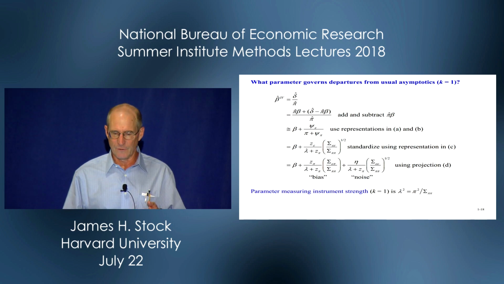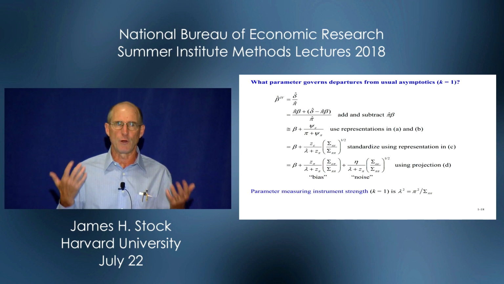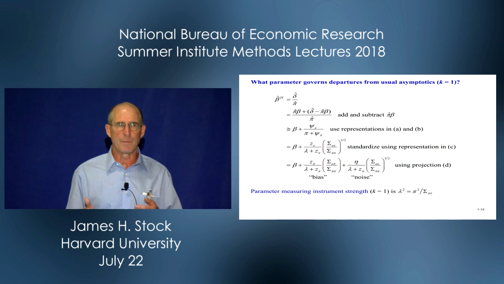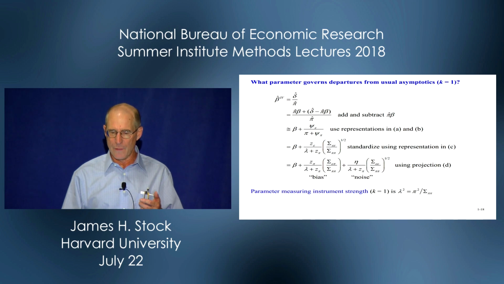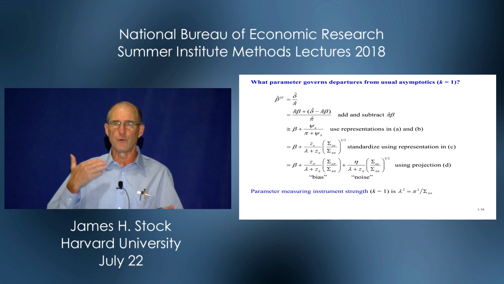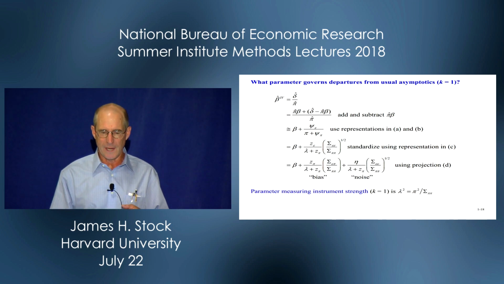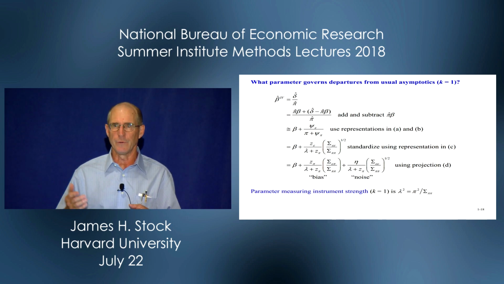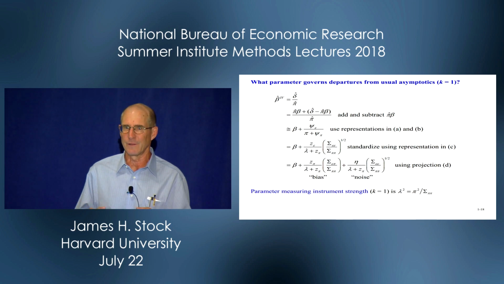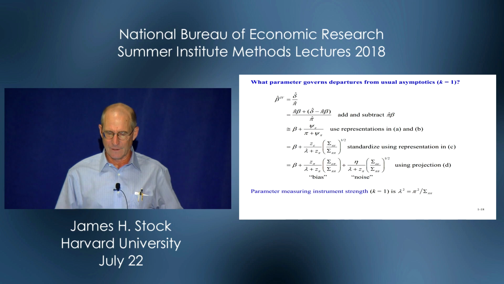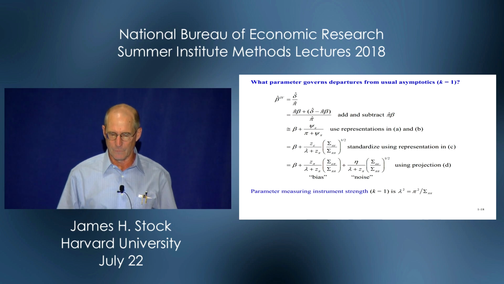So what this says is that right away in the unidentified homoscedastic case, beta hat IV is centered around the p-lim of OLS with what? With a ratio of two normals, so with Cauchy noise. Okay, so it's Cauchy, so you take OLS and then you add a Cauchy to it, which is not the greatest thing ever. So you can sort of see what the weak instrument problem is.